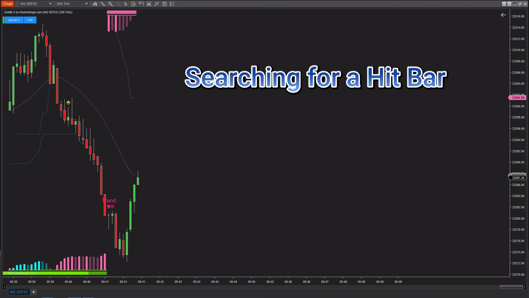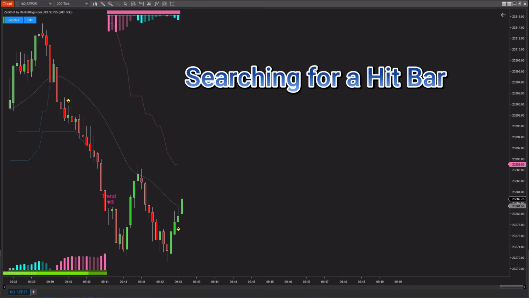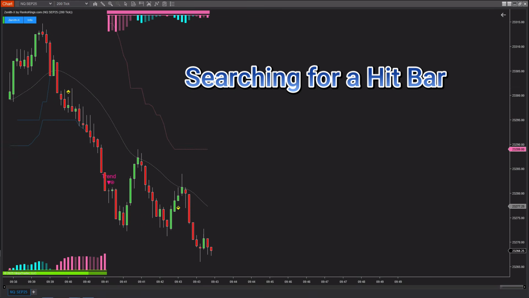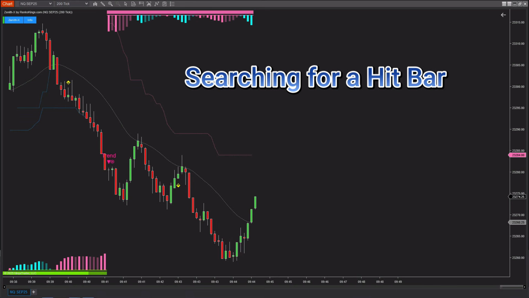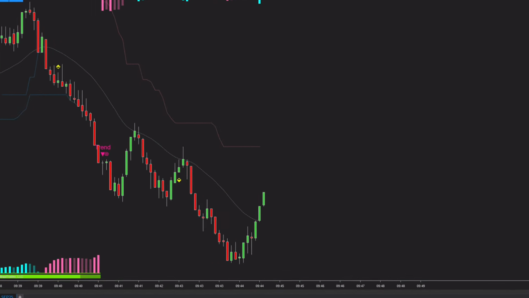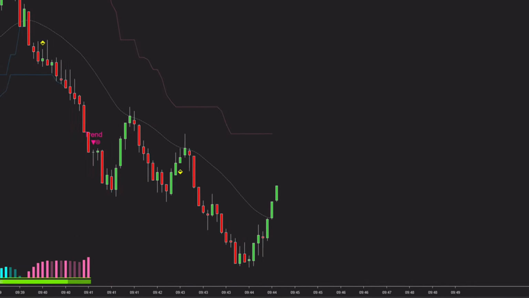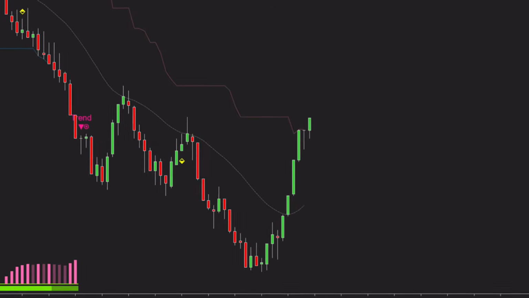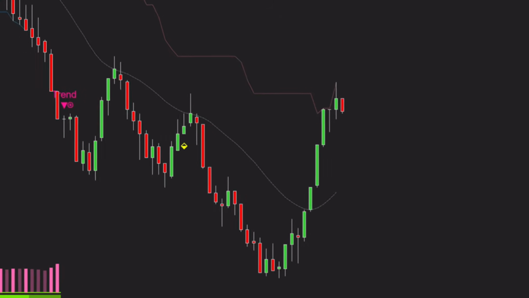The first step in the system's signal detection process is to identify the hit bar. A hit bar is a candle where the price has just touched or crossed a key reference level, typically the gray moving average. This candle is marked directly on the chart and acts as the starting point for the system to evaluate a potential trade signal.